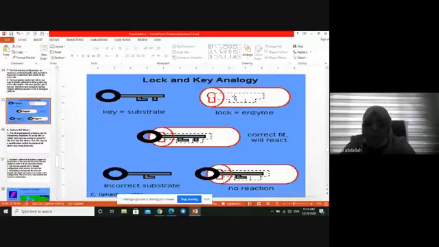When the substrate comes, the enzyme will attract it by changing its configuration and making its shape complementary to the shape of the substrate, similar to it, to see it fit on the active site of this enzyme.